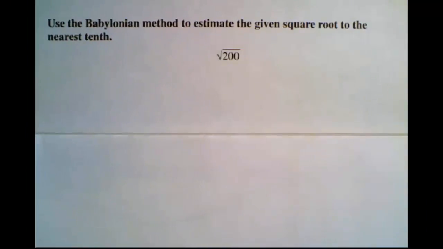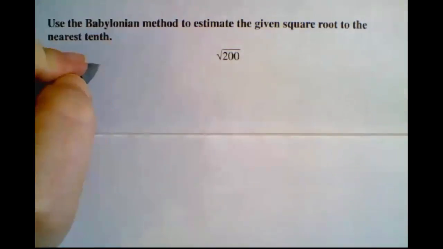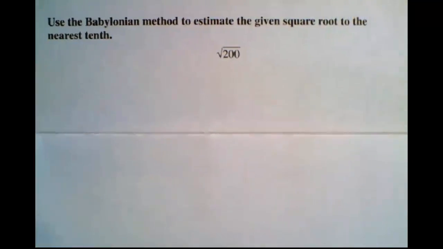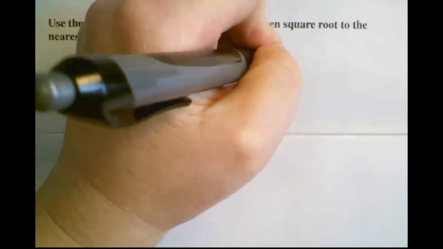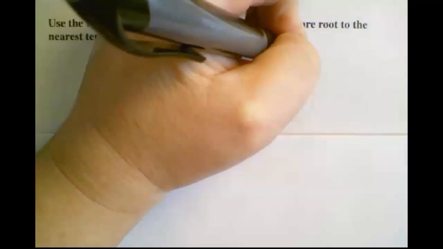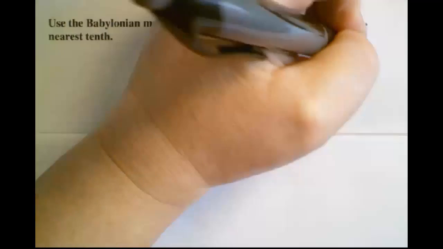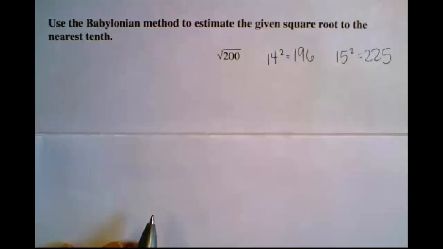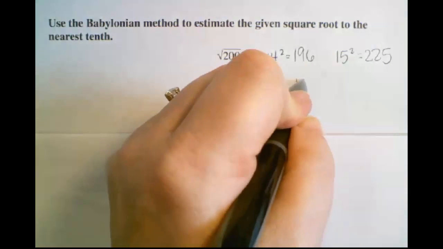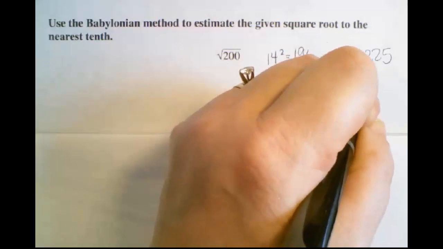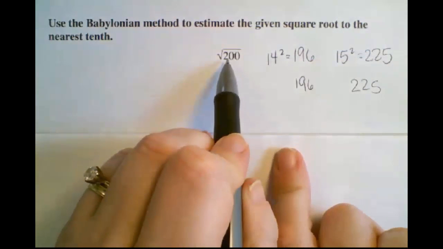For our next one, we're going to estimate the square root of 200. If you have your list of perfect squares, you will see that 14 squared is equal to 196, and 15 squared is equal to 225. We're looking for 200.